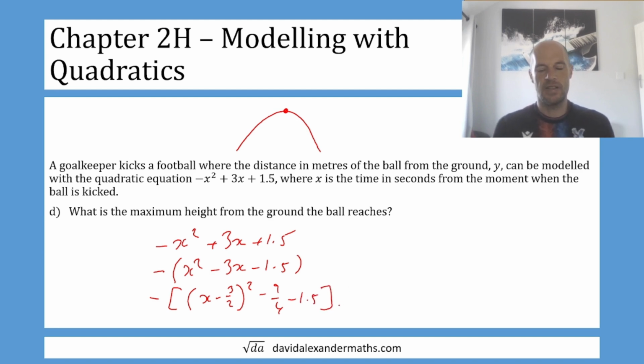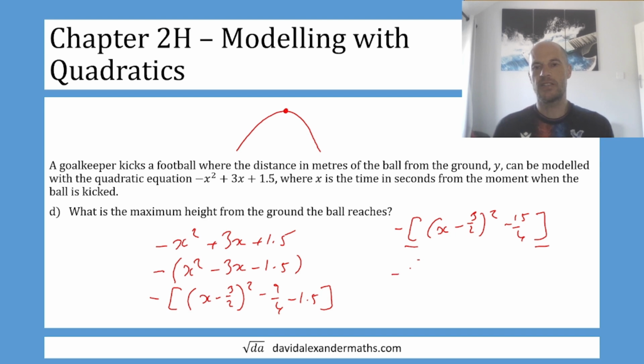What is minus 9 over 4 minus 1.5? It is minus 15 over 4. So that's minus, big bracket, little bracket, x minus 3 over 2 all squared minus 15 over 4. Now I'm going to get rid of the big bracket, expanding with this minus 1.